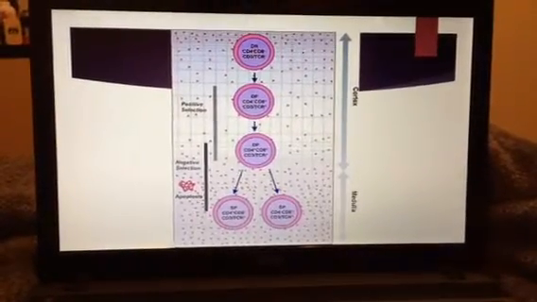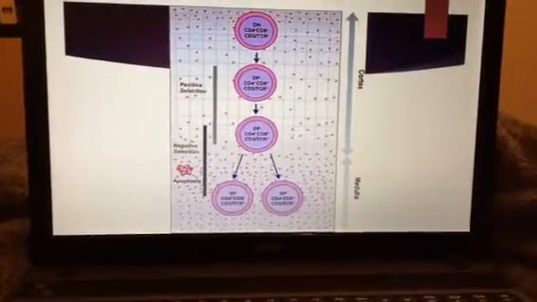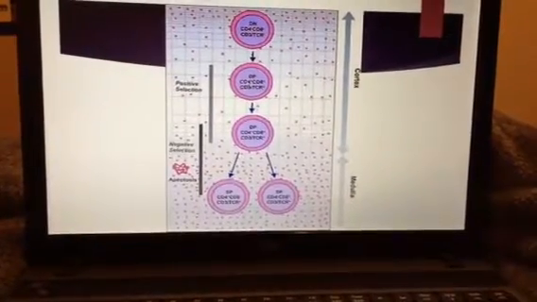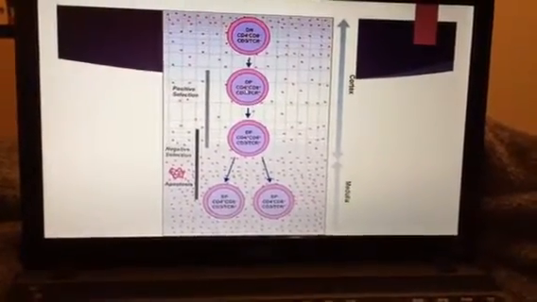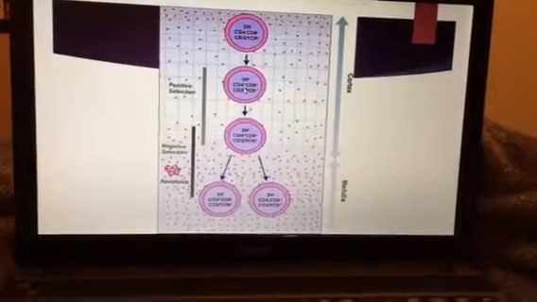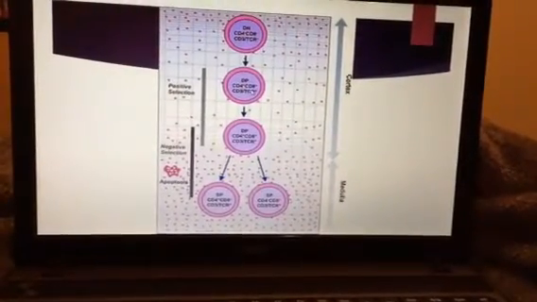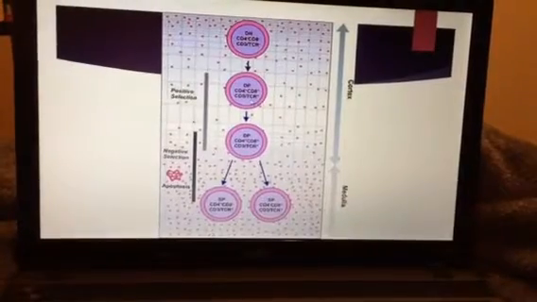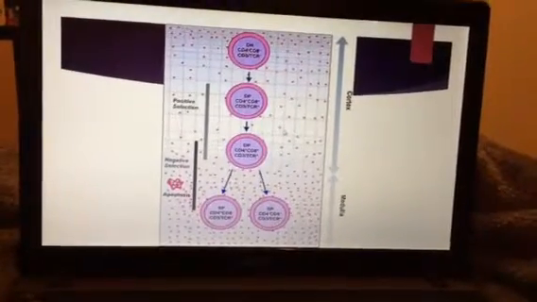And you have two types of cells you can see right here: the CD4 T cell and the CD8.